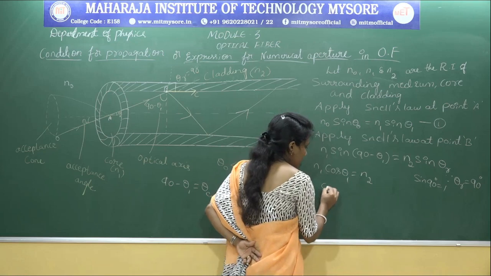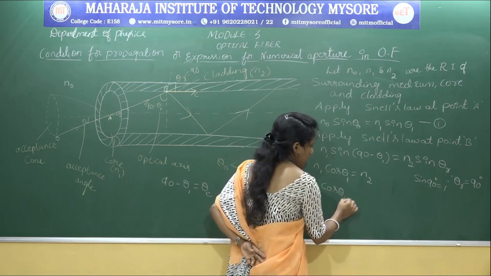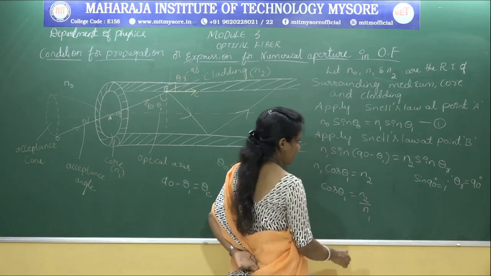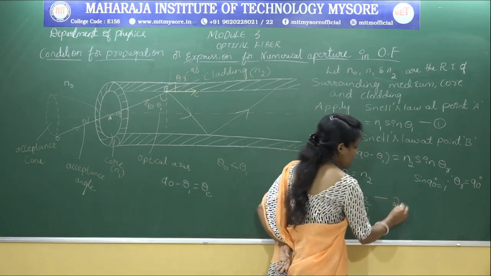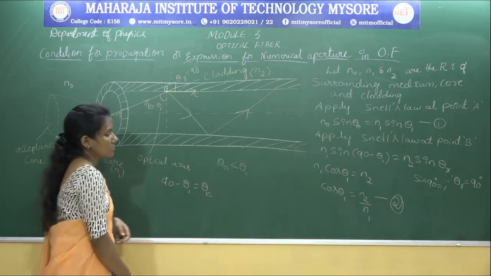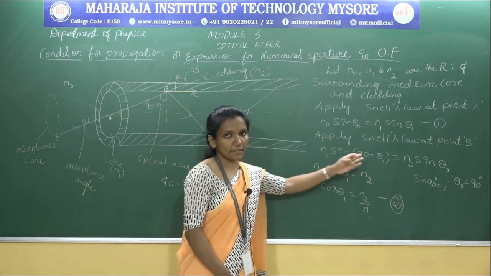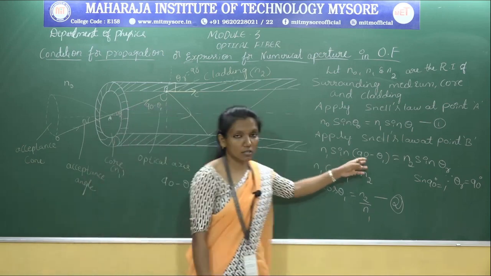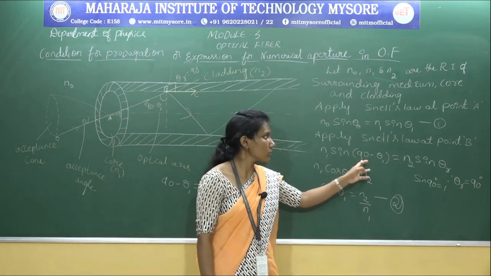Writing in terms of cos theta 1, cos theta 1 equals n2 by n1. Name it as equation 2. In the first quadrant all values are positive.